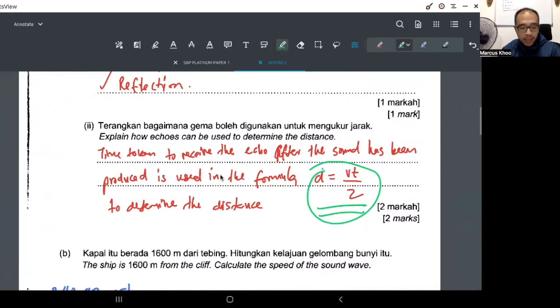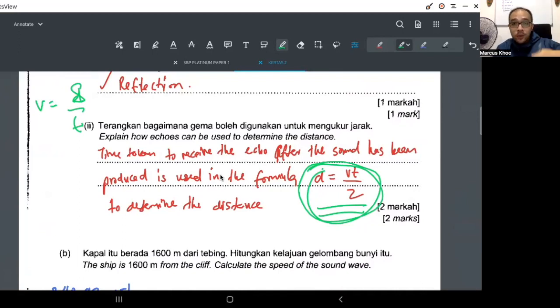Because dia biasanya akan bagi apa tahu, velocity equals to distance over time, or S over T lah. That one usually they will give. So, mereka mengharapkan that you know how to derive this yourself. Okay, so just remember anything to do with echo, okay, atau reflection of waves, okay, you want to determine the distance between, let's say, the airplane and the air control tower.